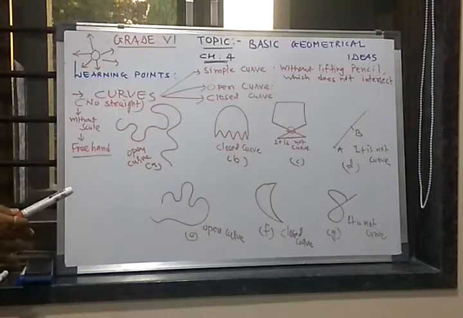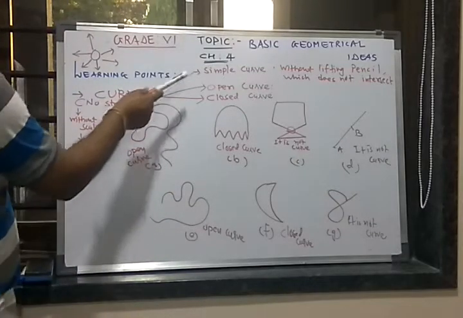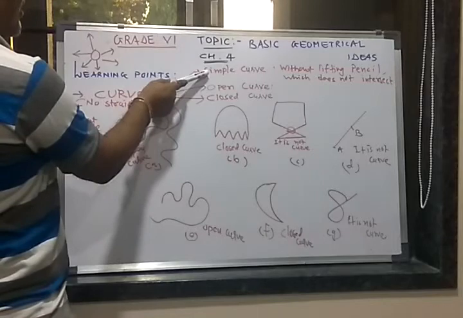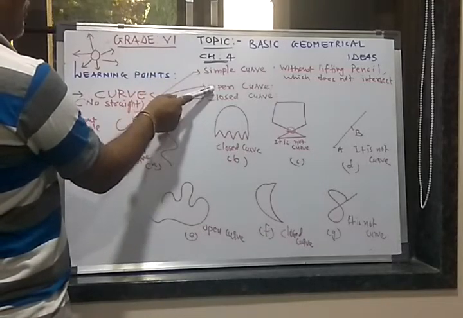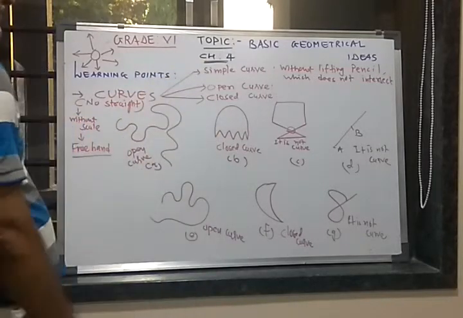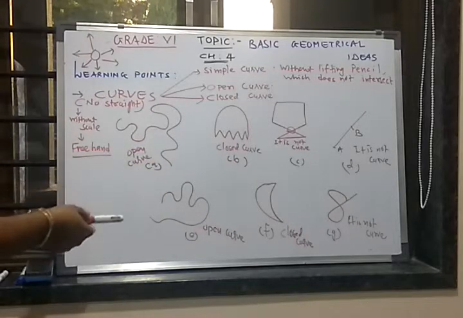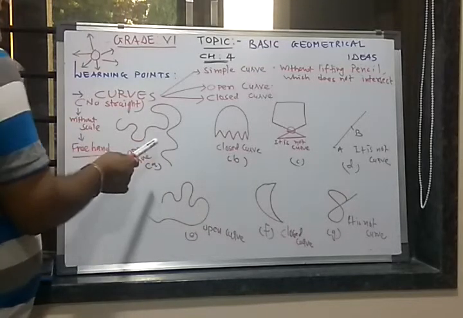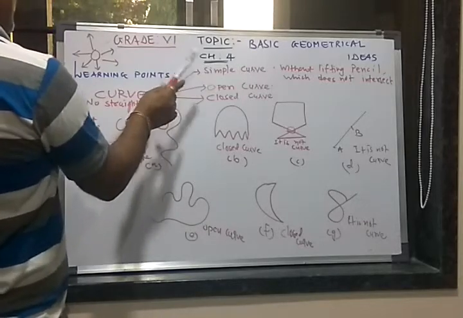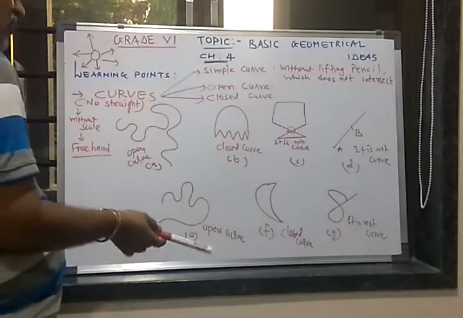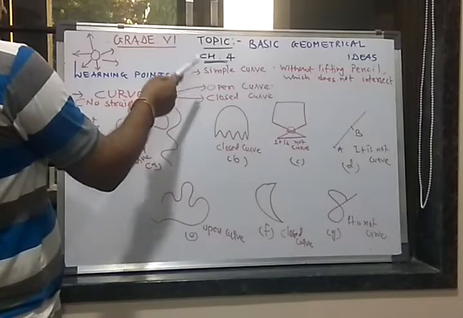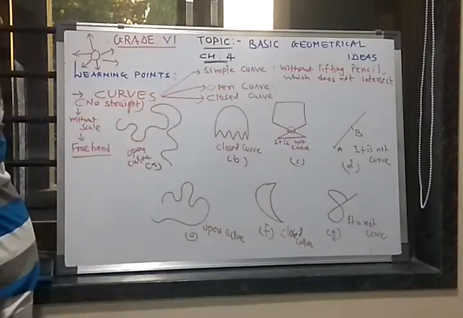So what are the definitions? Curves are divided into three types: simple curve, open curve and closed curve. Here you have to observe and identify whether it is a simple curve, not a simple curve, an open curve, or a closed curve.